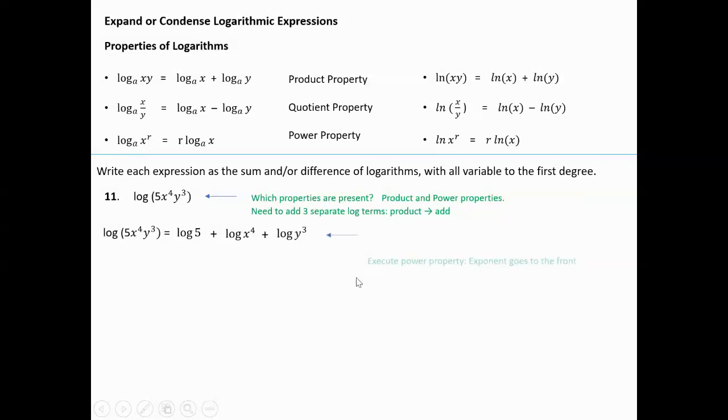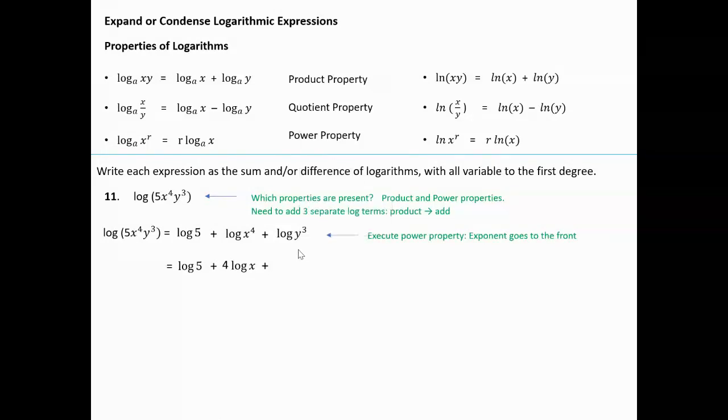Now the exponents must go to the front. You see, execute the power property, the exponent must go to the front. And also, guys, if there's no base written on the log, it's base 10. So log base 10 of y to the third, the exponent goes to the front.